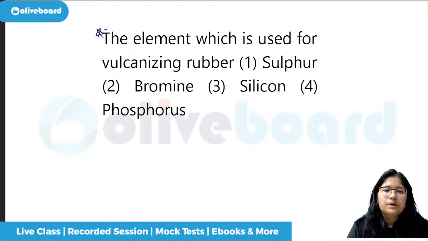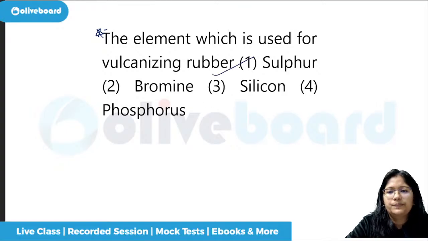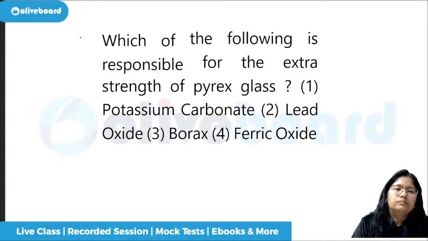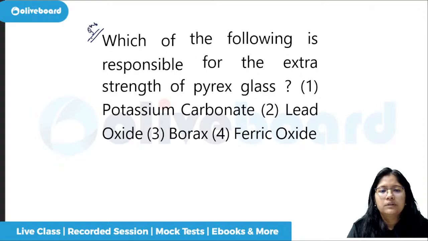The element which is used for vulcanization of rubber, we have already seen, is sulfur. Sulfur is used for vulcanization of rubber. Which of the following is responsible for the extra strength of Pyrex glass?